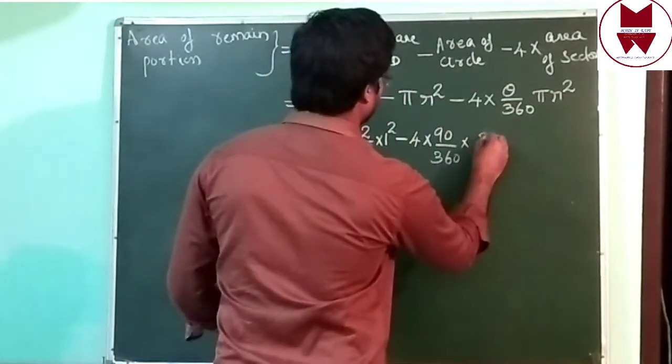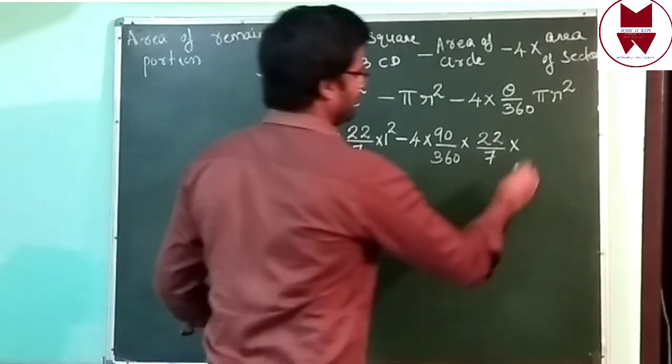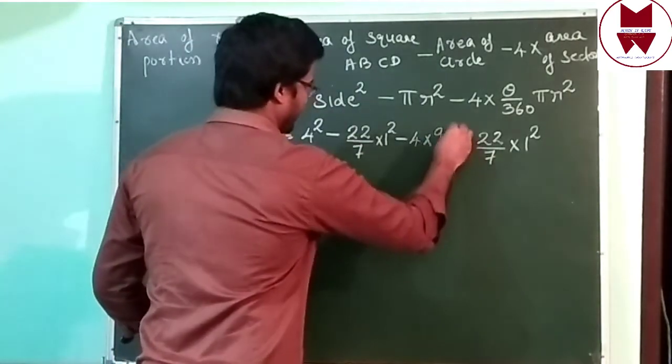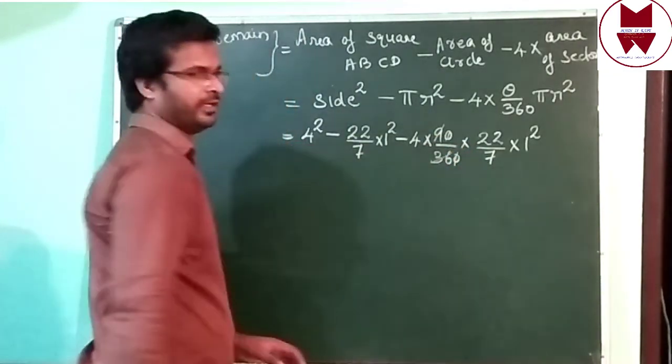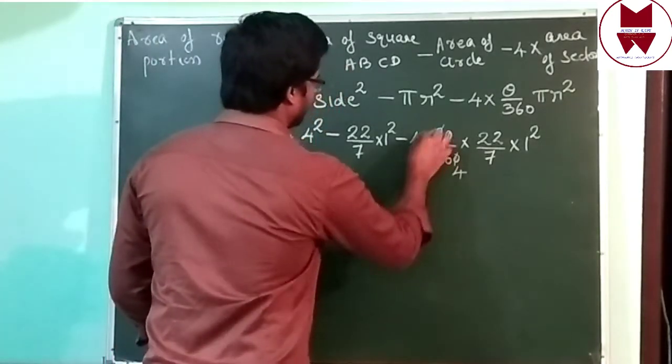Pi is 22 by 7 into radius 1 square. Then you can cancel 0 and 0, 9 and 36. In 36, 9 times 4. Again this 4 and 4 cancel.